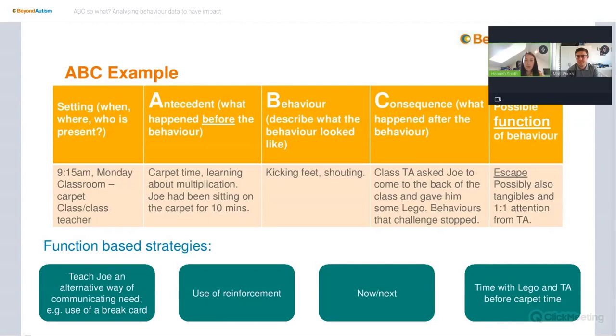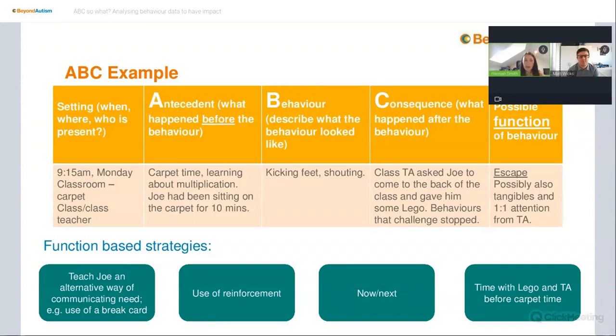So if we know that it's escape, it might be teaching Joe an alternative way of communicating that need. So using something like a break card and teaching him to use that break card as an alternative way, instead of the kicking feet and shouting, to indicate this is too much and I need a break. Use of reinforcement.